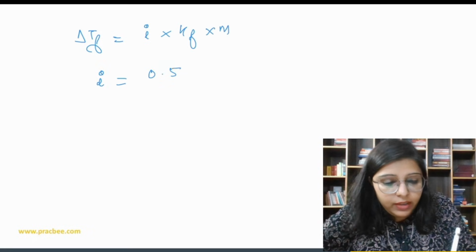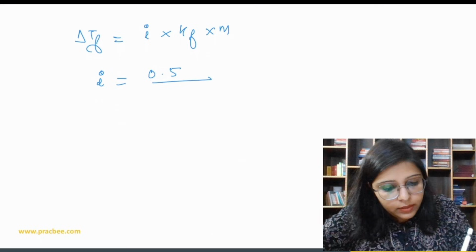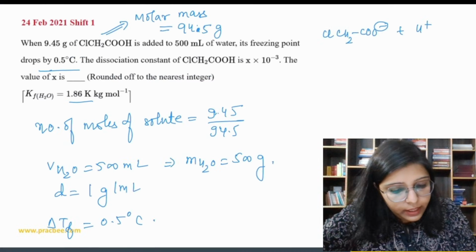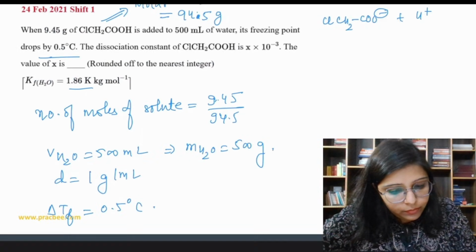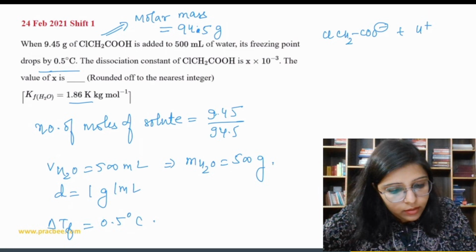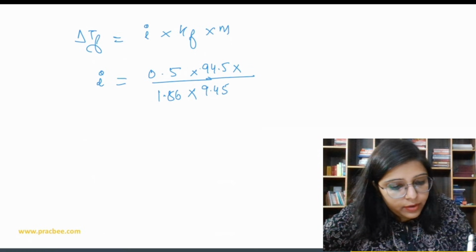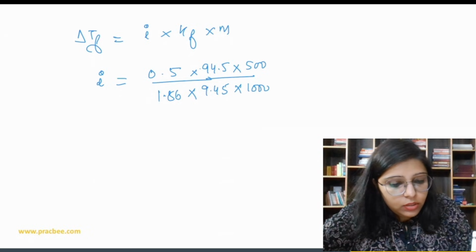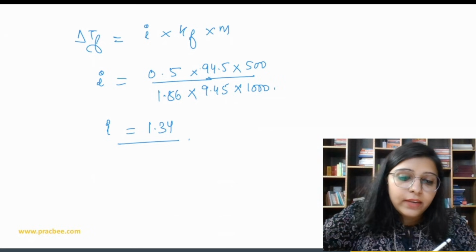So that is 0.5 upon, Kf value is 1.86, and molality is 9.45 upon 94.5, then mass of solvent 500, and here we write 1000. So when you solve this, you get i's value is 1.34.